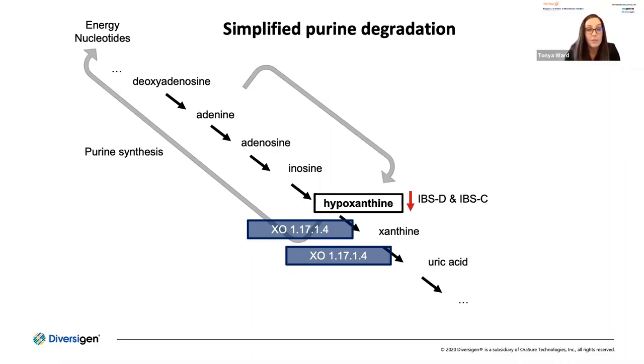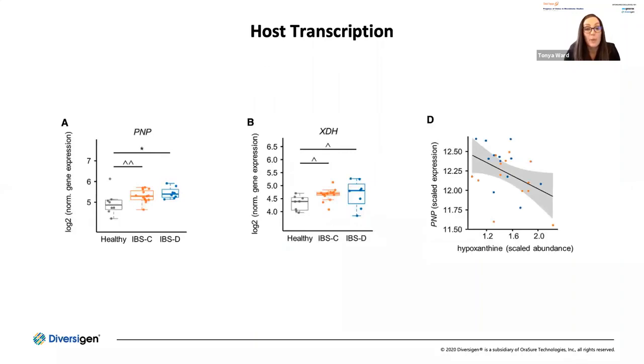But the next thing that we wanted to explore was the host transcriptomics that we had. So when we look at the intestinal cells themselves, we know that they have a limited capacity for de novo synthesis of purines. And instead, they use that salvage pathway. So when we looked at the host transcriptomics via targeted RNA-seq, we found that we have a decrease in the hypoxanthine.